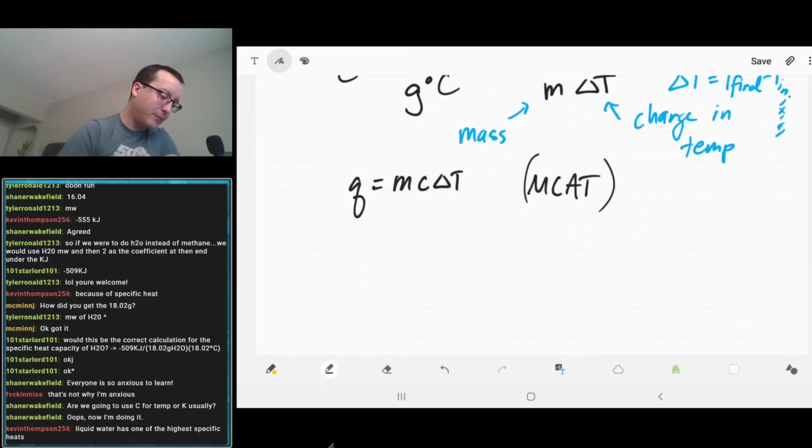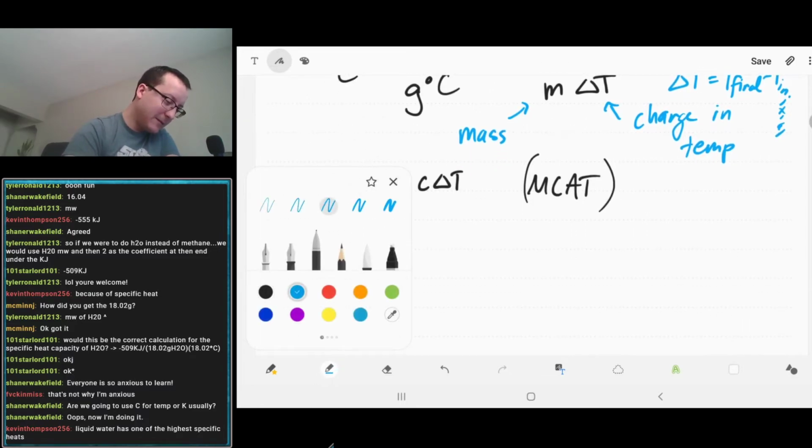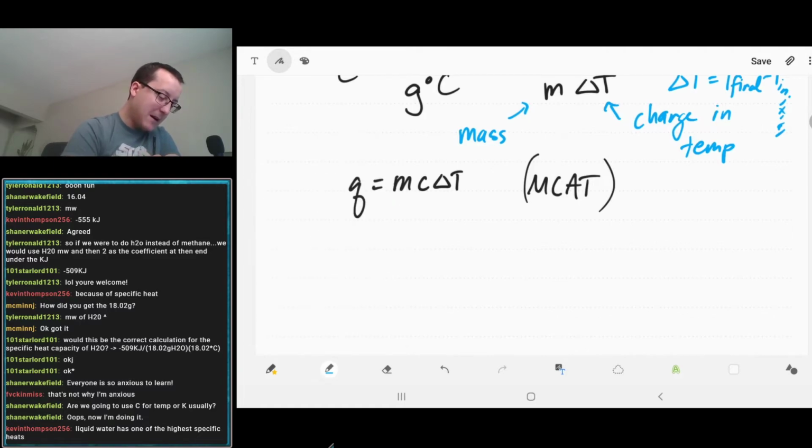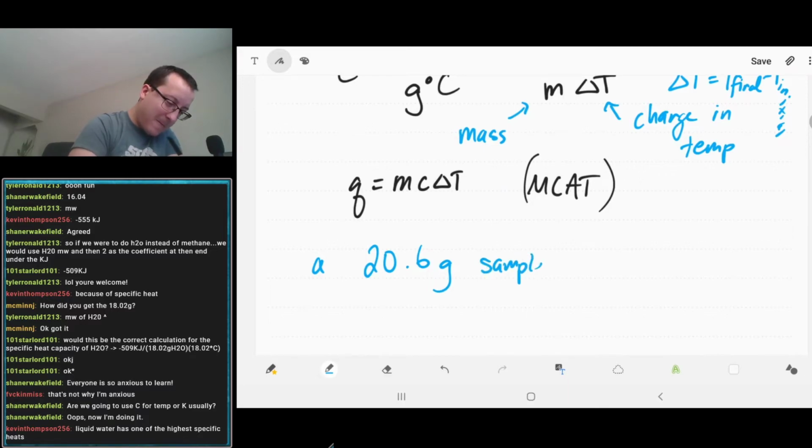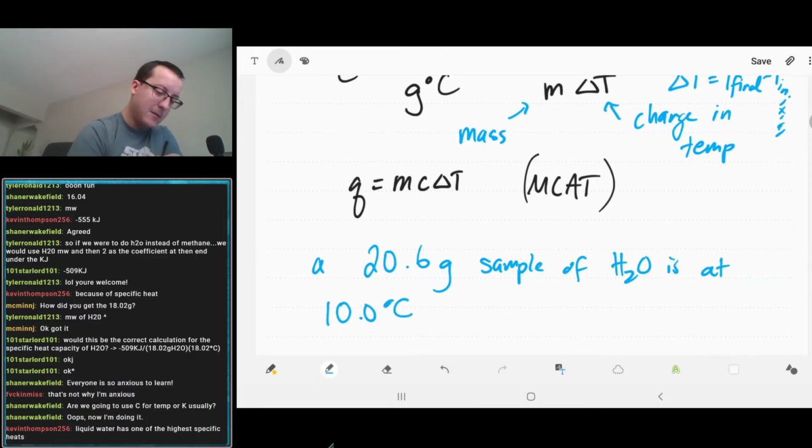So we're going to see, for example, let's say a sample of water is at 10 degrees.